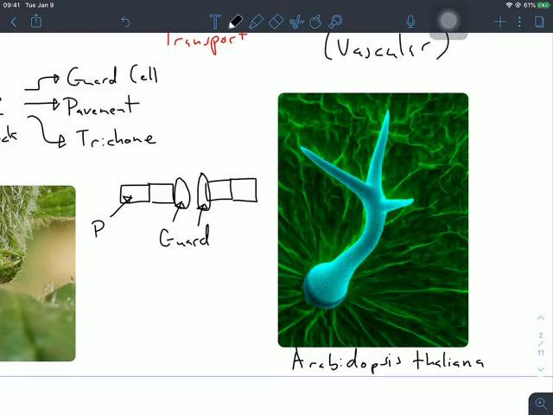Now, you may not have heard of Arabidopsis thaliana before taking this class, but I can promise you that you will know so much about Arabidopsis thaliana by the end of this class. Because whereas humans use rats or mice as our model organisms for many of our studies, plant biologists use Arabidopsis thaliana as the plant equivalent of the lab rat.